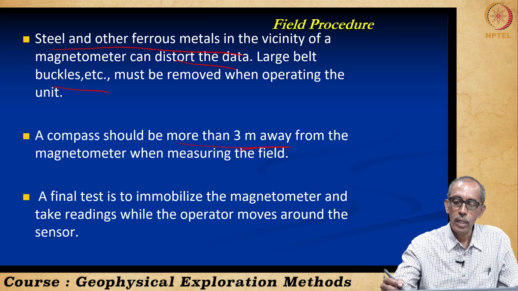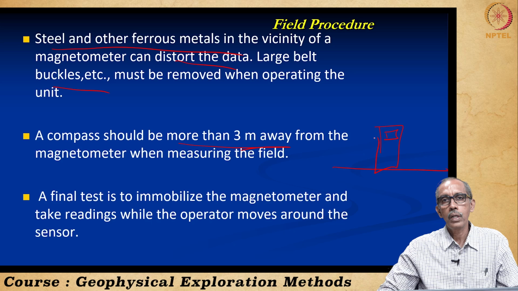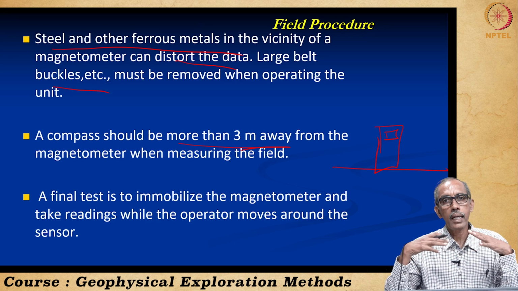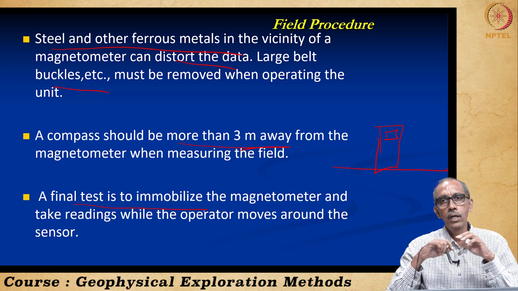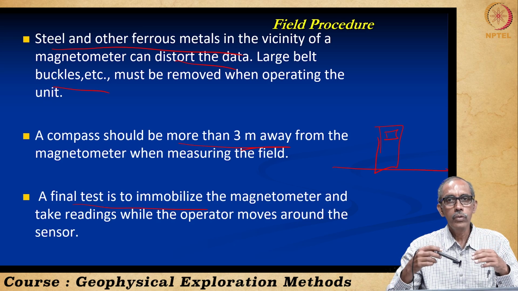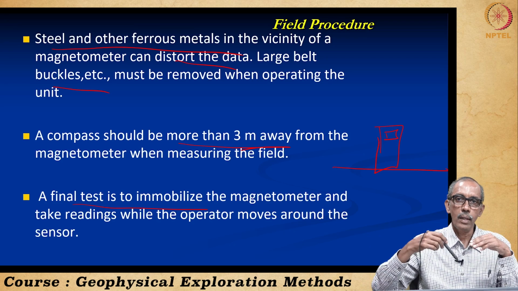How can we make sure that this is the station where you have put the magnetometer and it is showing some display? How do you check, as a person in the field, whether you are magnetically clean? This can be done like a final test. You immobilize the magnetometer and then start taking the reading, so that the operator moves closer, moves away, or goes around the magnetometer.